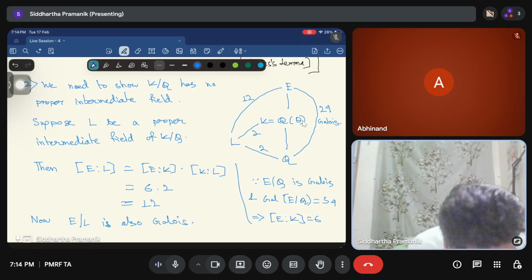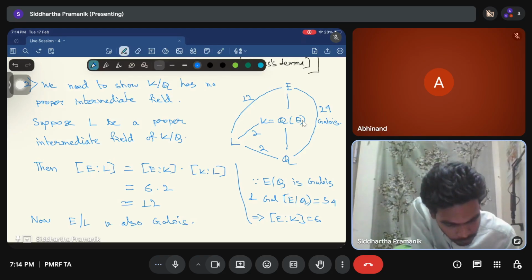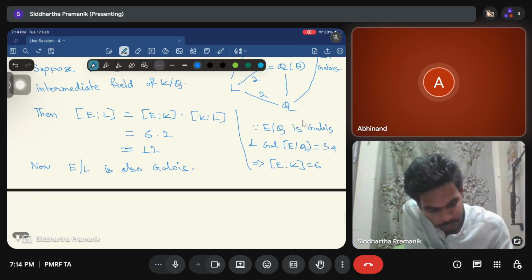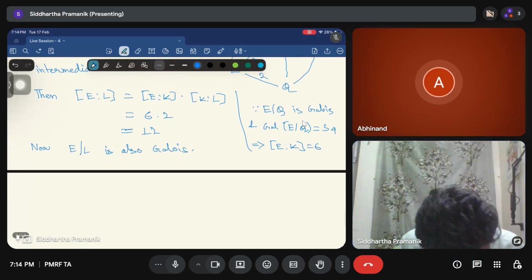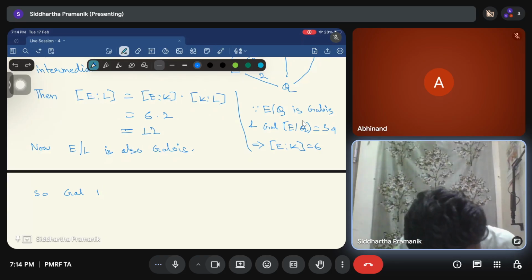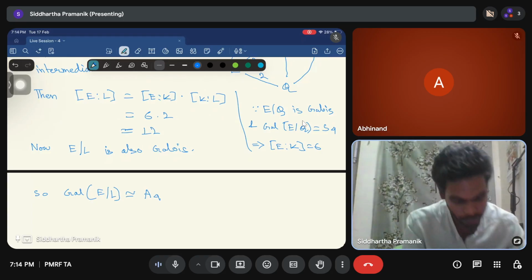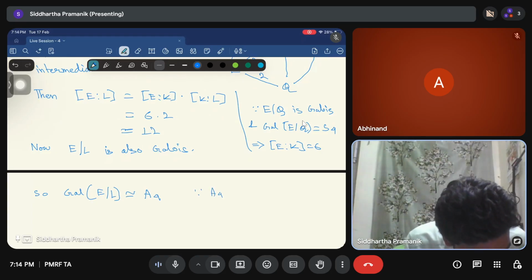What will be the Galois group of this one? A4. Exactly. So the Galois group of E over L has to be A4, because A4 is the only subgroup of order 12 in S4.